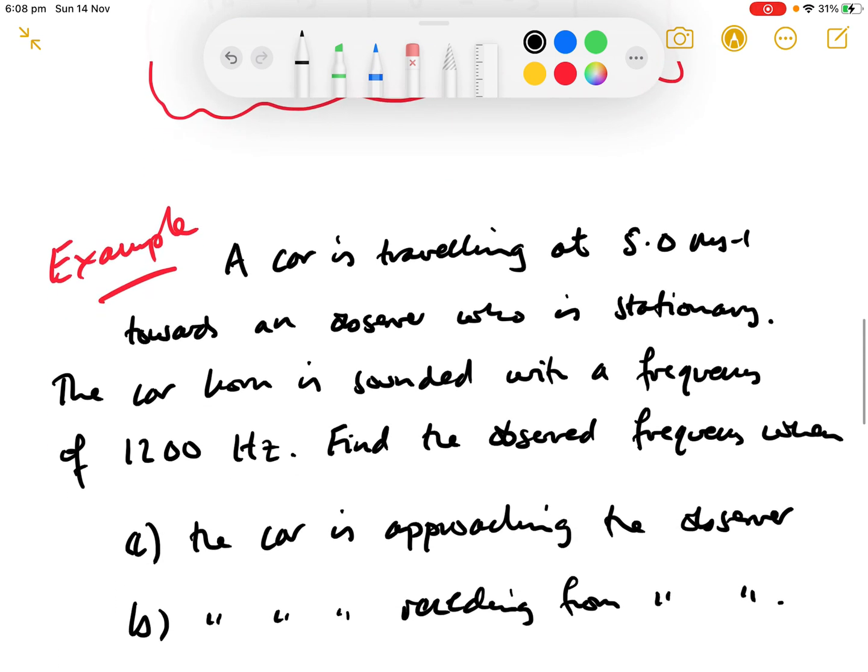Okay, let's do an example then. A car is travelling at 5 meters per second towards an observer who is stationary. The car horn is sounded with a frequency of 1200 Hertz.